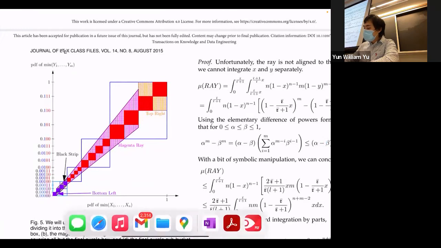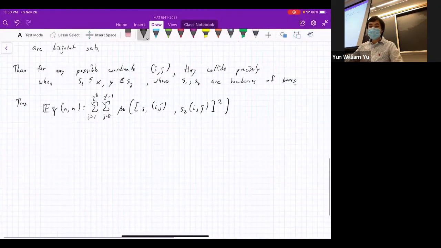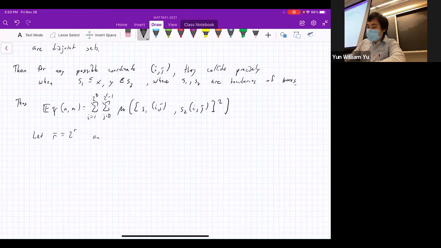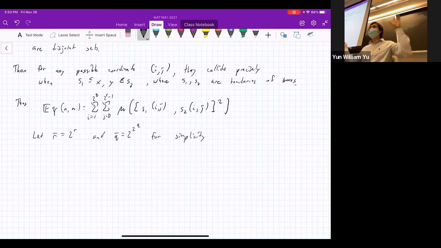And you have to be a little bit careful when you're deciding how to cover these regions. I'm going to let R bar be equal to 2^R and Q bar be equal to 2^(2^Q) for simplicity. Those are obviously important because they determine the size of the smallest box, as well as the number of boxes within each of the bigger hyperbolic regions.